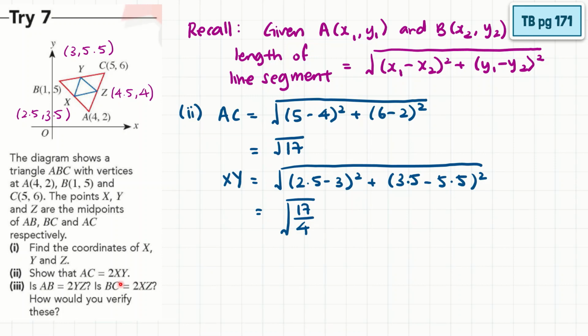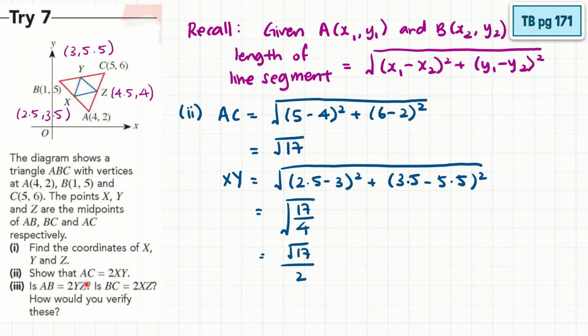As I said earlier, wherever possible, we try to simplify the surd. We know that 4 is a perfect square, for which we can take the square root of 4 at the denominator, and that will allow us to get a simplified fraction of square root 17 over 2, or rather a simplified surd.